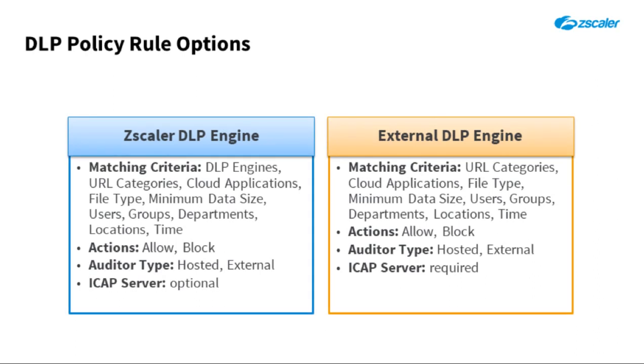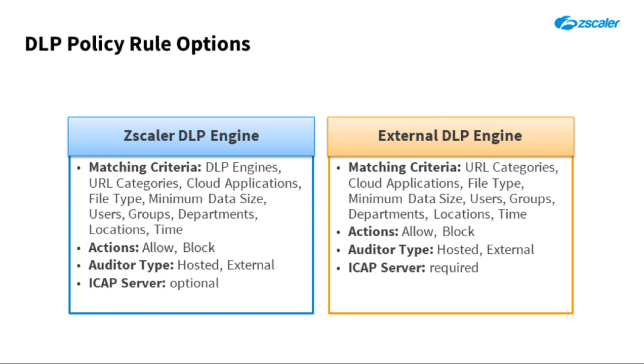If you elect to go for the external DLP engine option, Zscaler will act as a coarse filter for your external DLP server. The matching criteria that can be used are the same as for a Zscaler rule, with the exception of the DLP engines option.